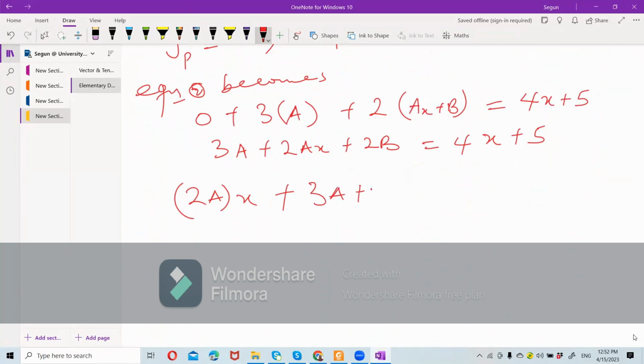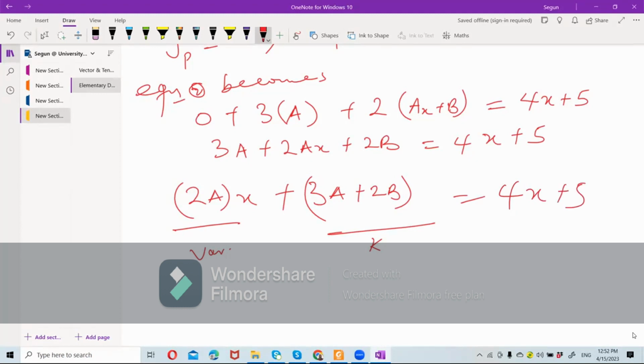3a plus 2b represents a constant, and this 2ax represents a variable, equals 4x plus 5. So the one that contains x, we go with the one that contains x. The one without x, we just write 2a equals 4.